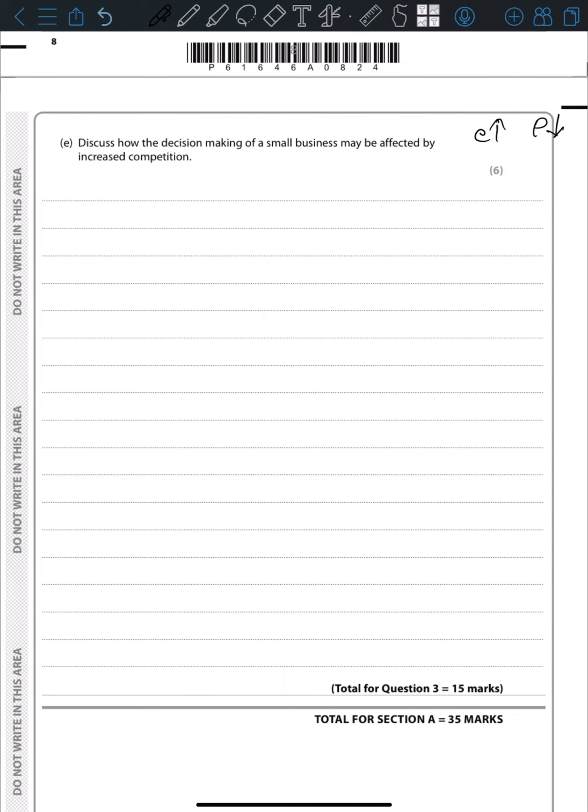So the first way that my decision making will be affected is through pricing. An increase in competition will affect how a small business decides to charge its price. So first one, pricing decisions.